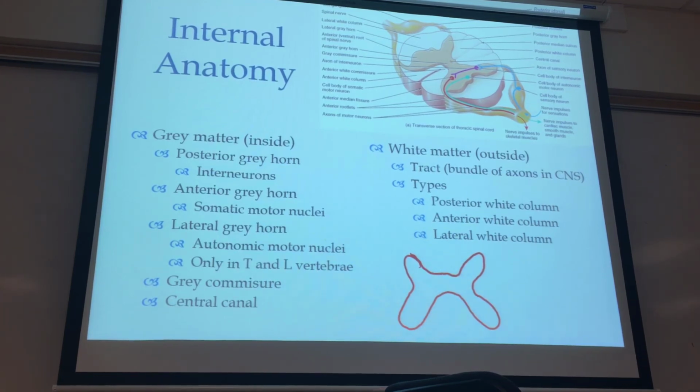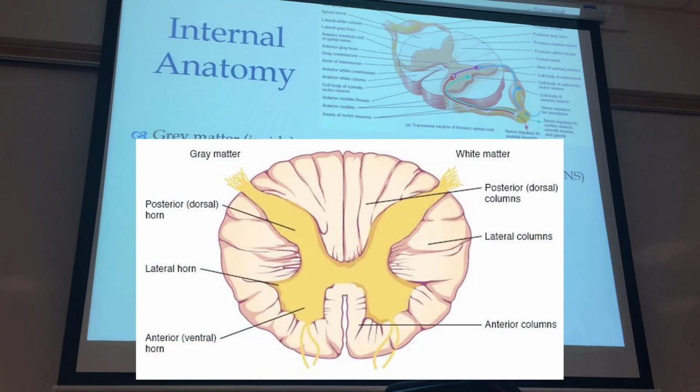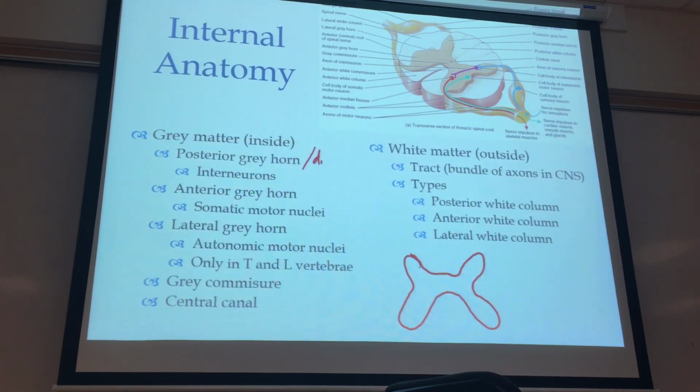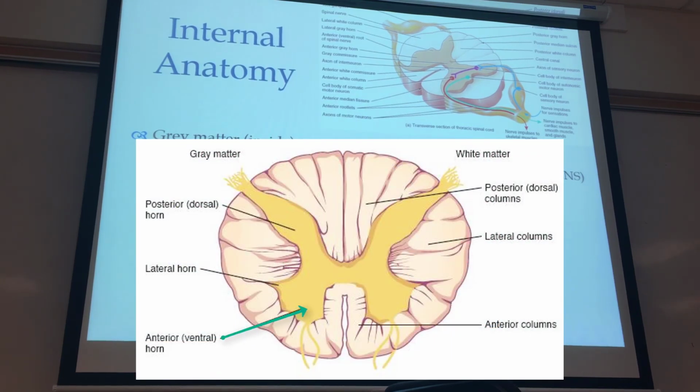Areas that you would see that contain gray matter, you'll see we have three different regions. The posterior gray horn. This is the area back right here. This is the posterior gray horn, also known as the dorsal gray horn. So posterior, dorsal, same thing. The anterior gray horn is this area below over here.